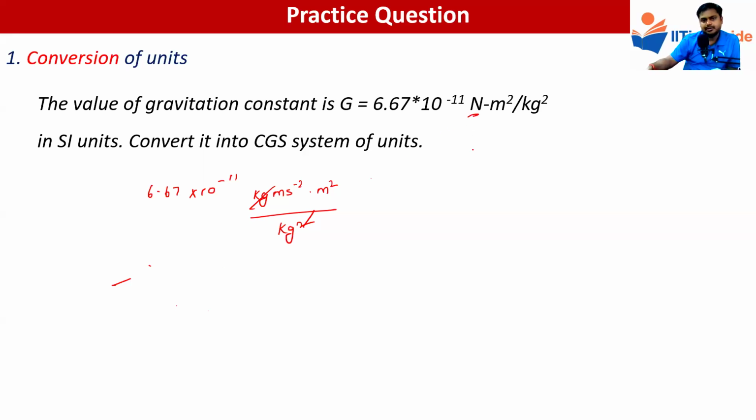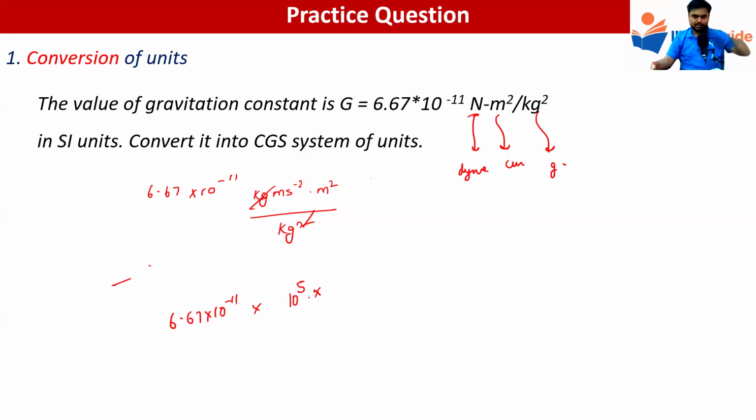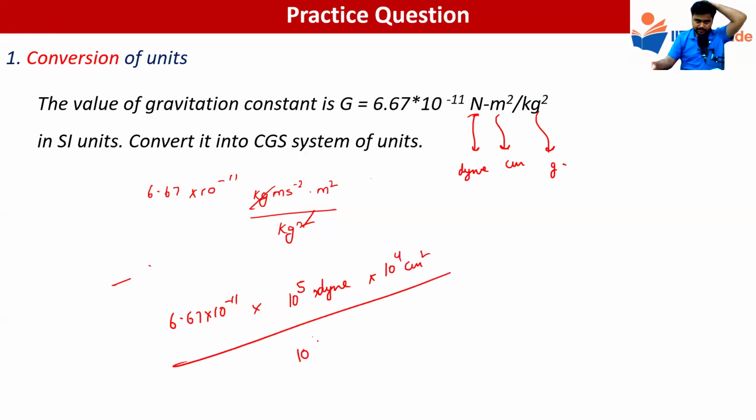Okay, this Newton has to be converted into dyne. Meter to centimeter. Kg to gram. Okay, so it should be not like this. So it will be 6.67 into 10 to the power minus 11 into. Now 1 Newton is 10 to the power 5 dyne. Meters square. So 10 to the power 5 dyne. Meter square is 10 to the power 4 centimeters square divided by 10 to the power 6 gram square. This is 2, so here it will be 10 to the power 3. This goes and it will be 10 to the power minus 8.